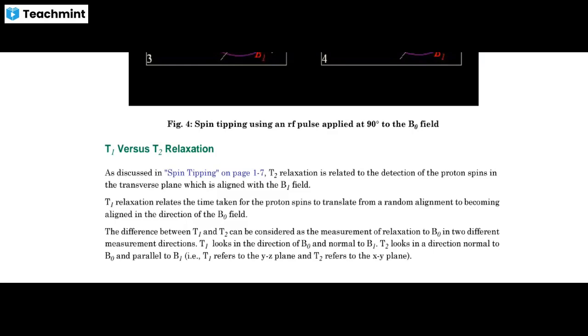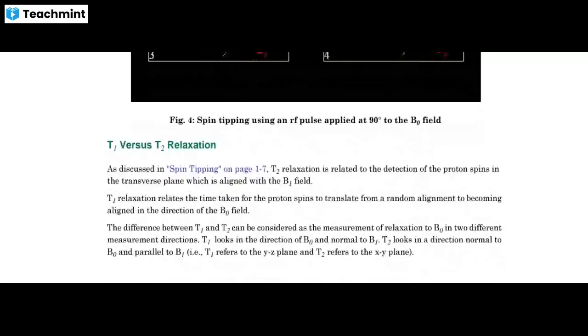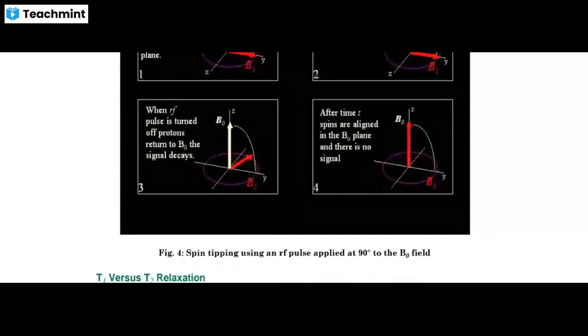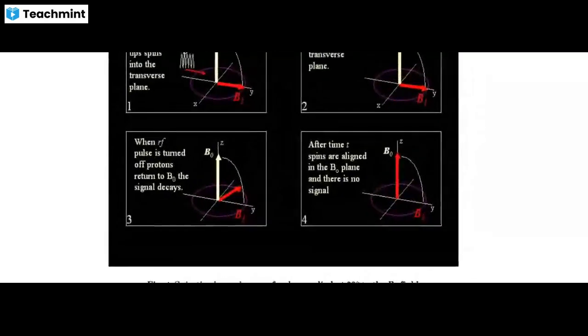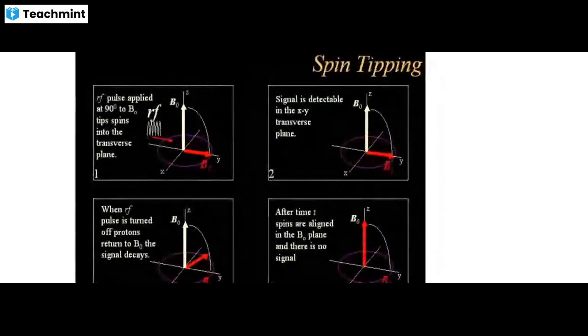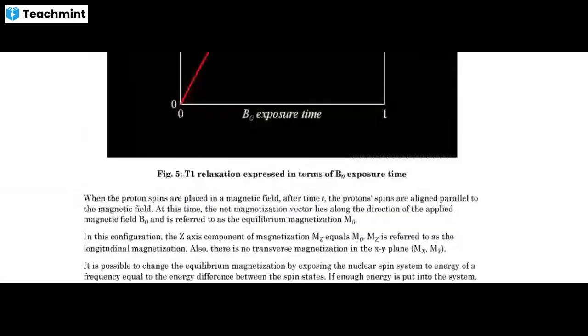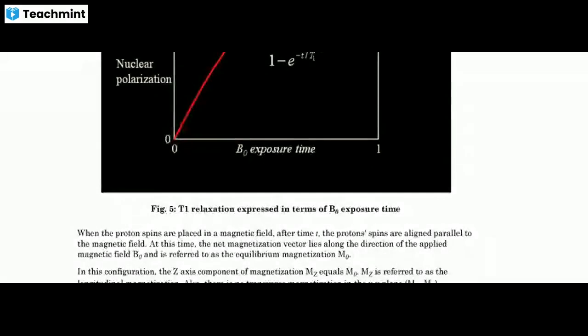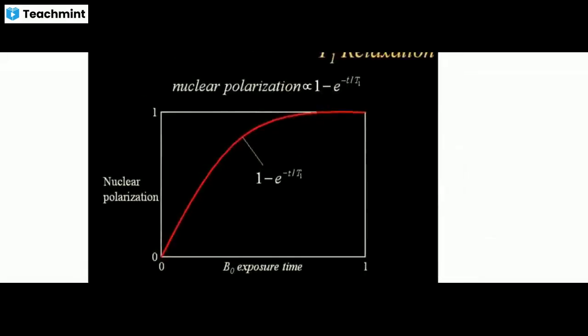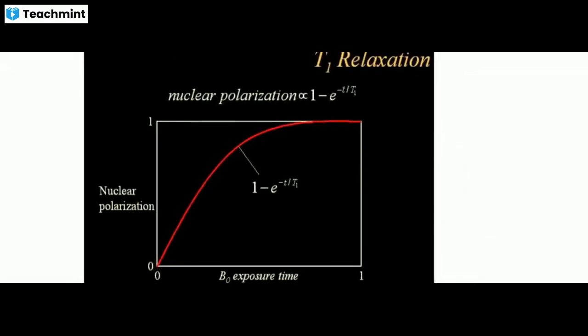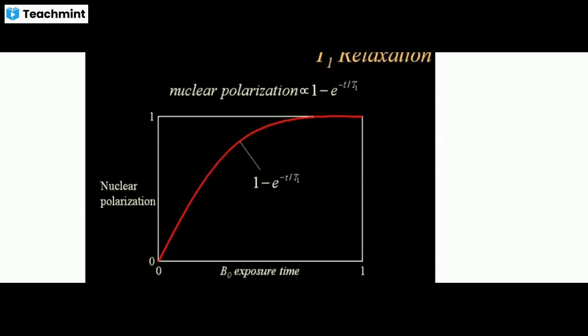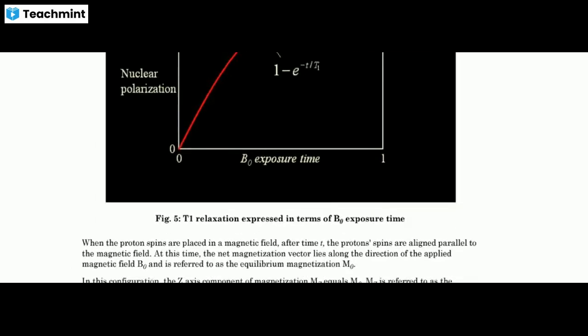Then next, you can see the spin tipping using RF pulse applied at 90 degrees. This is the relaxation expressed in terms of B0 exposure time. That is T1 relaxation time, nuclear polarization, the exposure time: 1 minus e to the power of minus t by T1. So this is the T1 relaxation expressed in terms of B0.